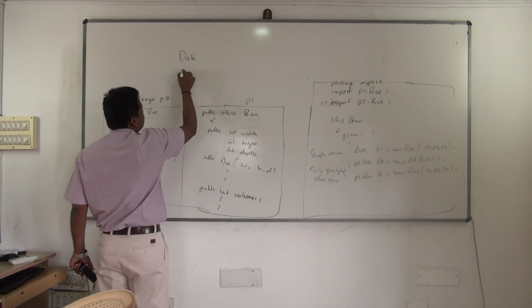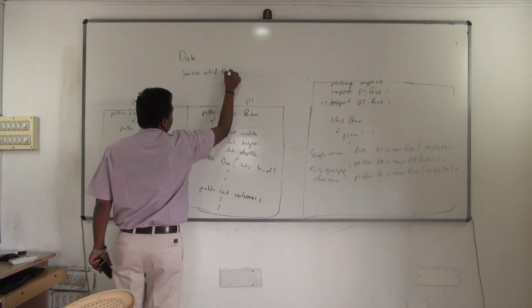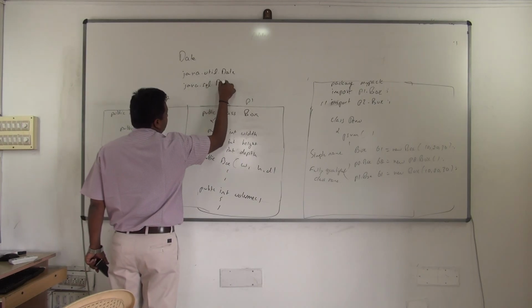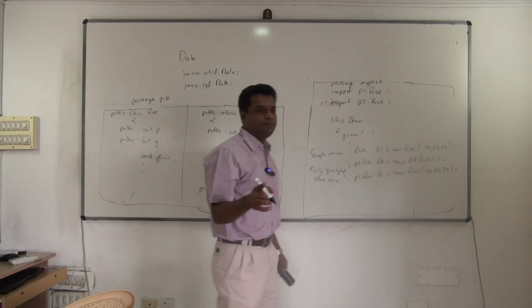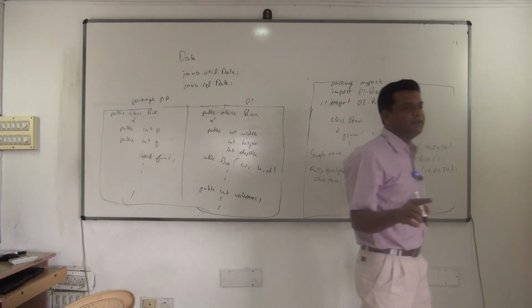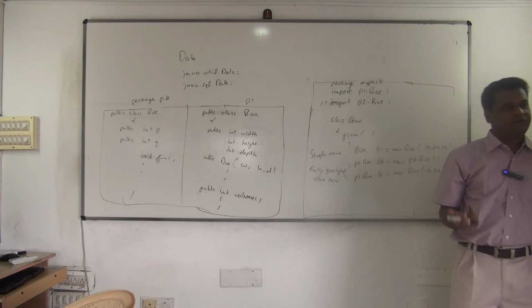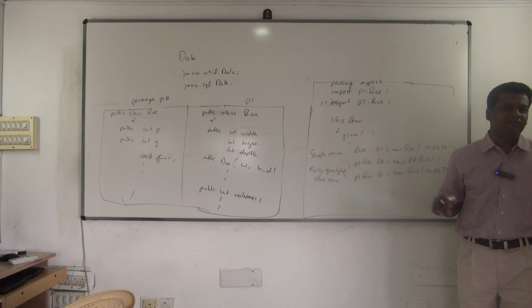This Date class is present in two packages: java.util.Date and java.sql.Date. So when you are using them, for one you have to use the simple name, and the other one you will use the fully qualified class name, or use the fully qualified class name for both. Your wish. So here you'll be forced to do it. On a practical scenario I'll be showing you later.